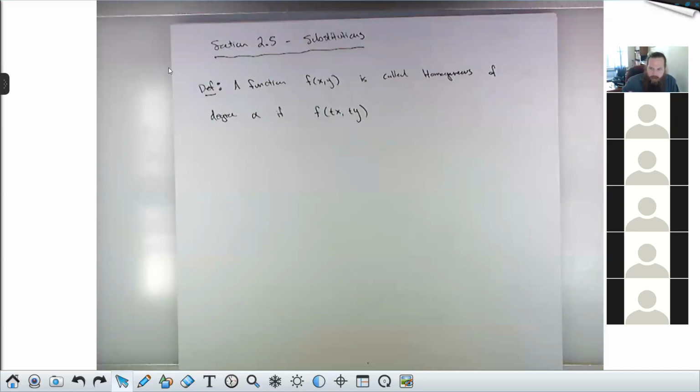If you kind of zoom in on the input space, you stretch out or shrink the x and y axes to the same amount, right? The same t in both coordinates here. Then the function is more or less invariant under that. Not completely invariant, not in the sense that this is exactly equal to f of x, y, but that it's equal to t to the alpha times f of x, y.